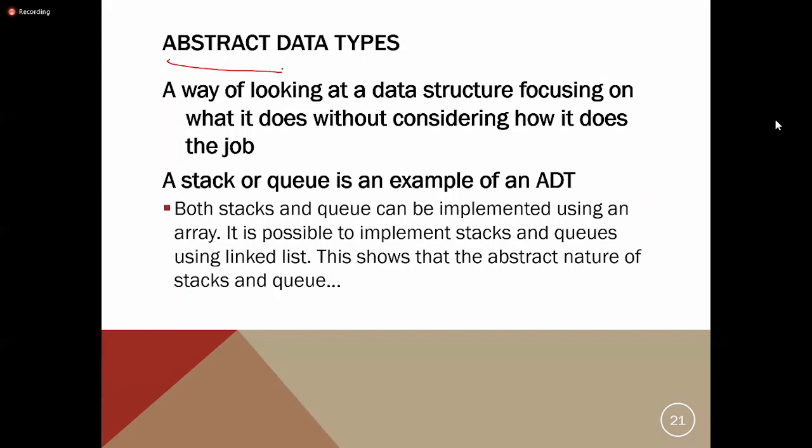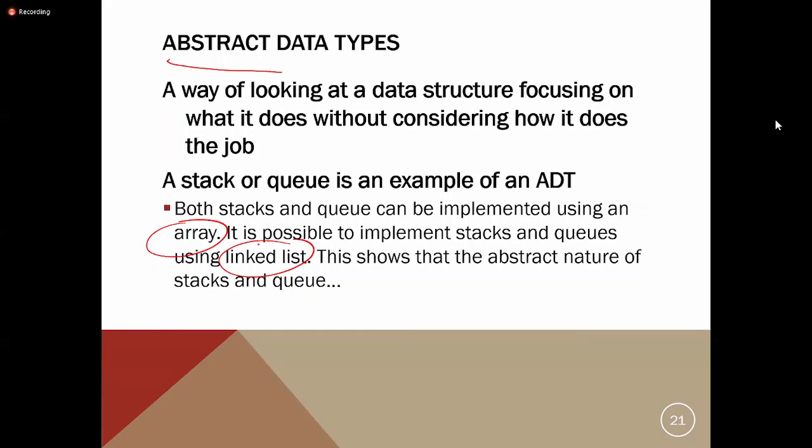A stack or queue is an example of an abstract data type. Both stacks and queues can be implemented using an array. It is possible to implement stacks and queues using linked lists as well. That shows us the abstract nature of stack and queue.